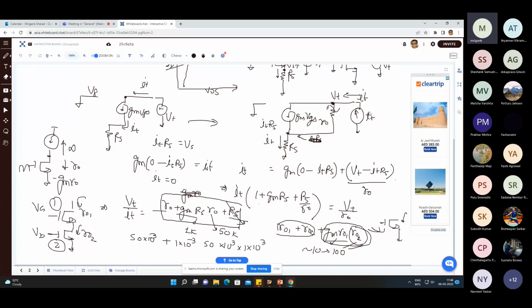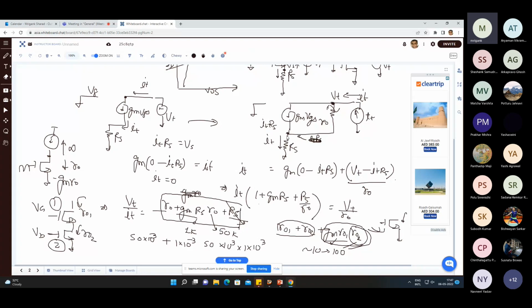So if you want to visualize why this GMRO term is coming, approximately or conceptually, we can look at it in terms of IT also. If you inject an IT, the VS comes into the picture. That is creating a VGS for the MOSFET, and that VGS is leading to a large source to drain voltage.